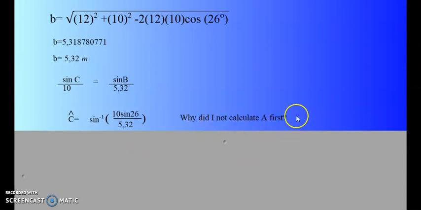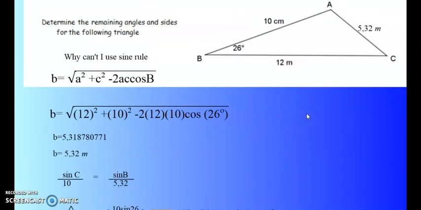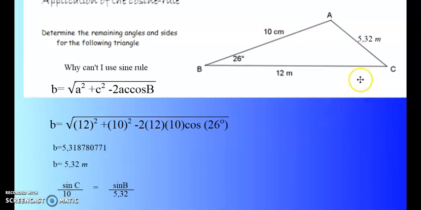I pose a question here. Why did I not calculate A first? Why did I opt to do C first? If you look at that picture, why do you think I opted to do C first and not A?